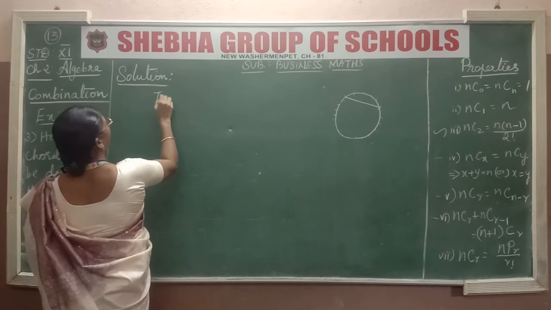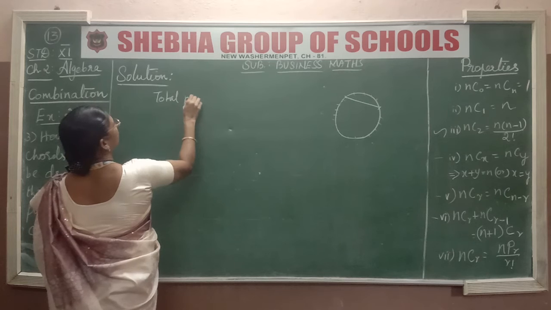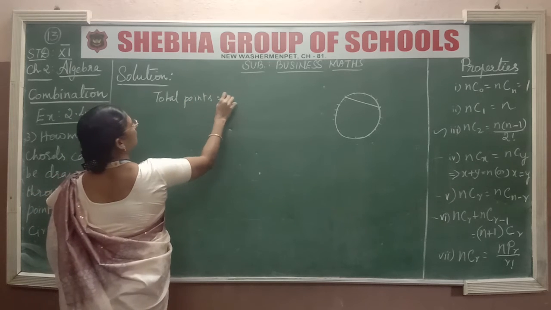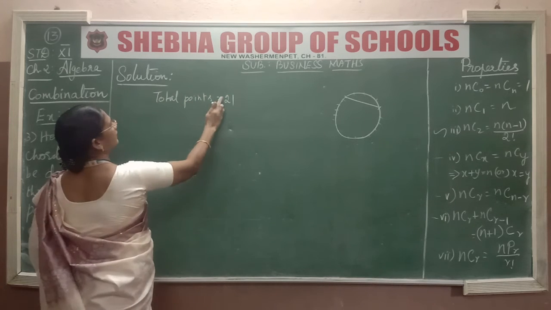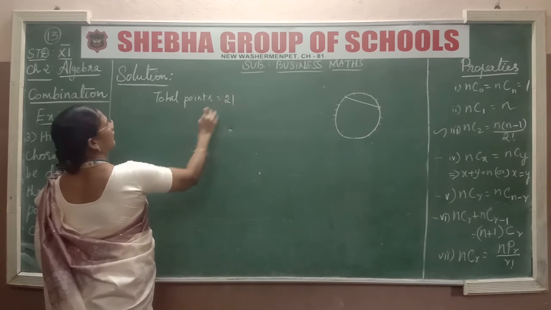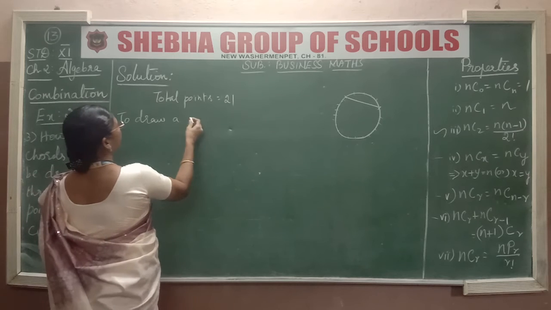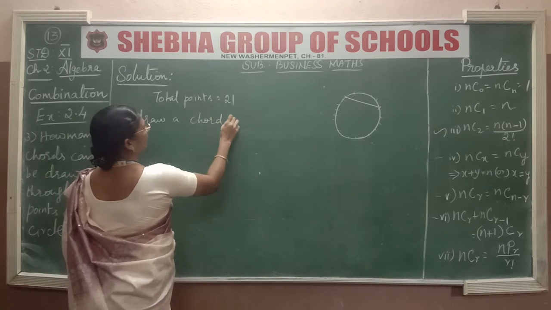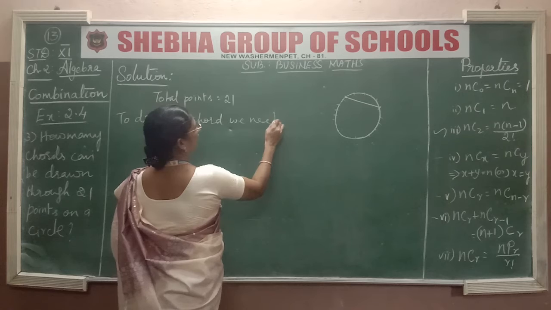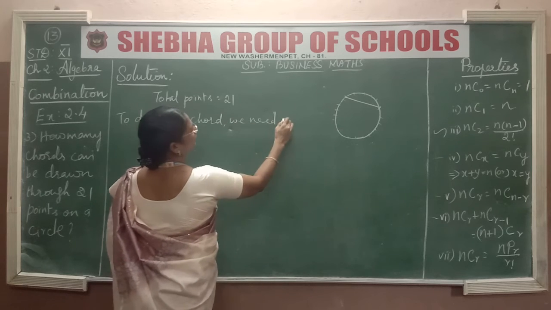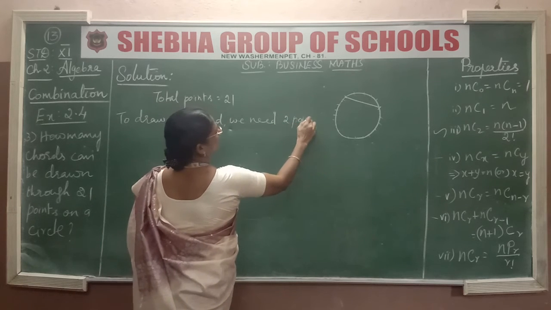So total points is 21, this is our n. And to draw a chord, we need how many points? 2 points, isn't it?